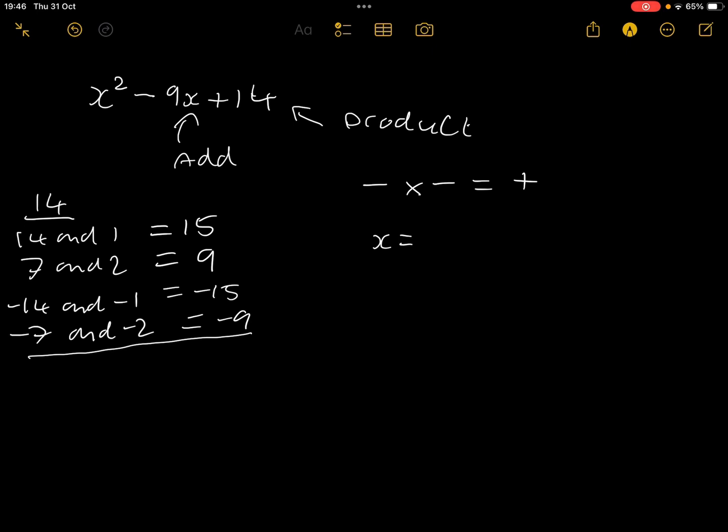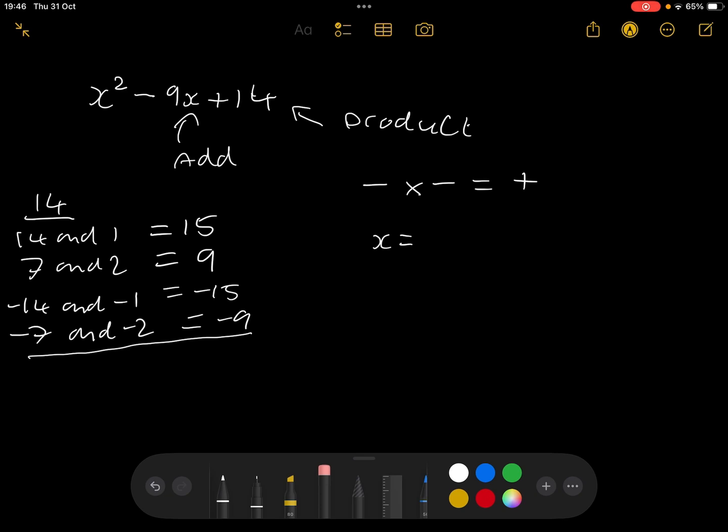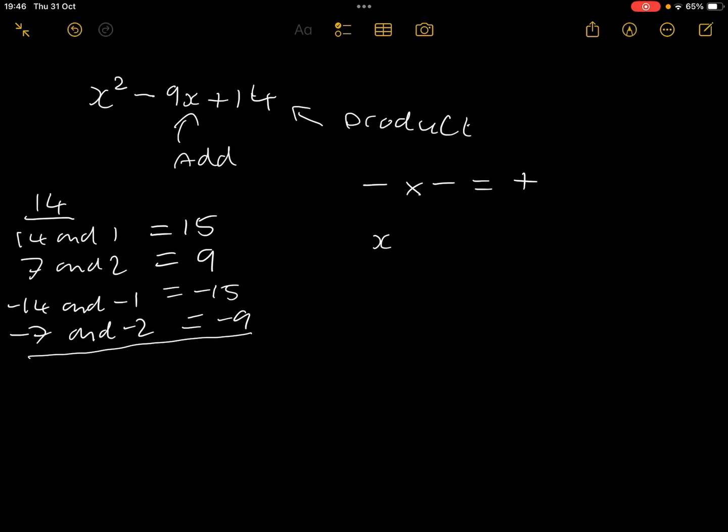Sorry, I've done that wrong. We have x minus 7, x minus 2, and that equals 0. If we set both of these equal to 0 individually, you have x equals 7 and x equals 2. Those are our two roots.